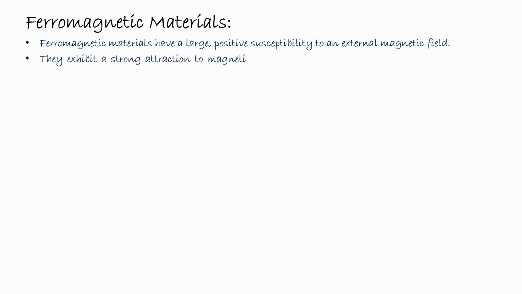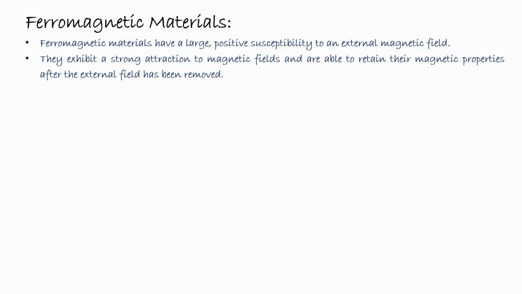They exhibit a strong attraction to the magnetic field and are able to retain their magnetic properties after the external field has been removed. That means once the external magnetic field is withdrawn, this type of material will still retain its magnetic properties.